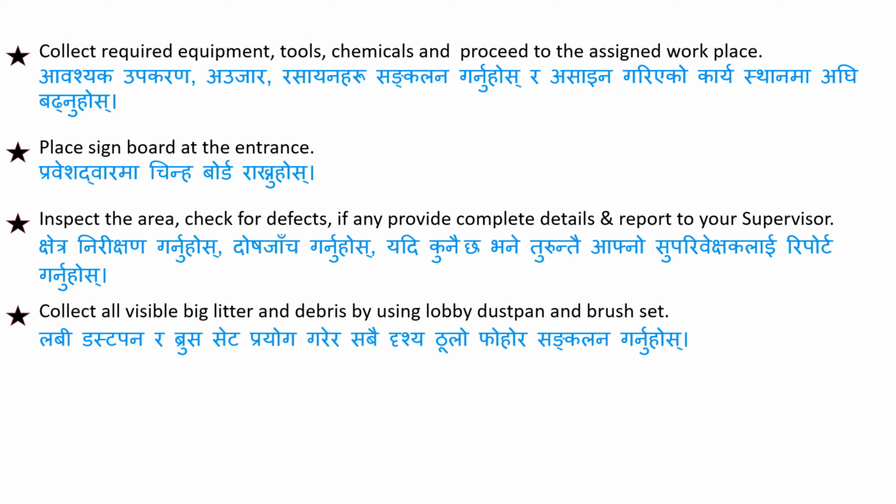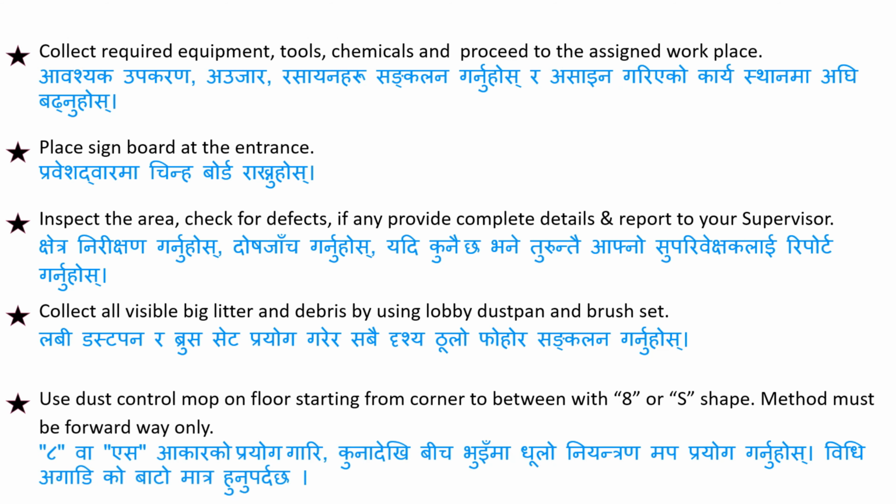Once you complete these things, you have to collect all the visible dust, litter and debris from the floor. The visible big litter you have to collect by using a dustpan set, lobby dustpan set. Once you have collected all your visible big litter, you have to use your dust control mop, starting from the corner to the middle.